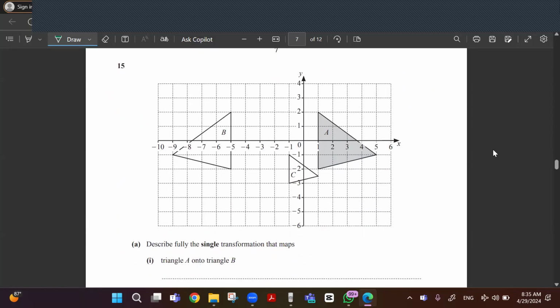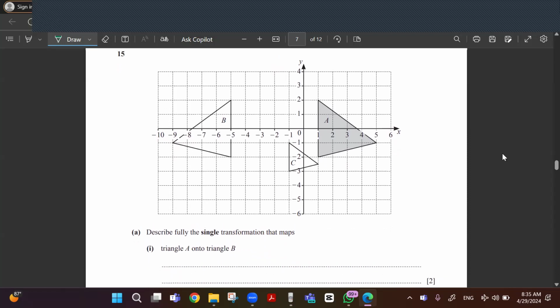For question number 50. Okay, now as we said before, describe fully the single transformation that maps triangle A to triangle B. Here, from A to B, I will ask myself first, is it the same size or the size changed?